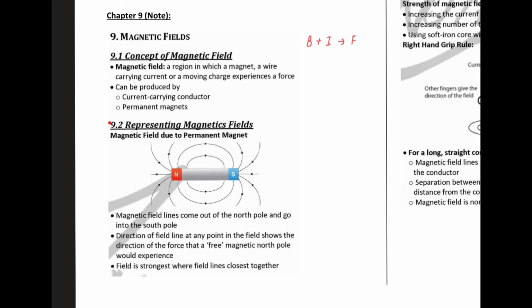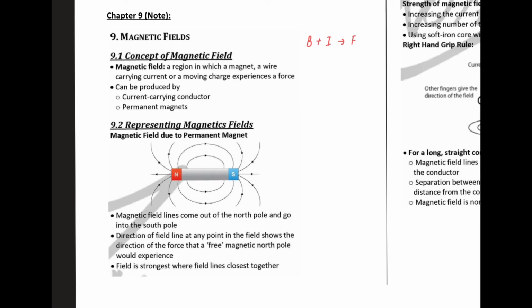Now 9.2, representing magnetic fields. Okay, so magnetic field due to permanent magnet. It looks like this. We have a north pole. For the permanent magnet, we have the south pole. North pole is where the magnetic force comes out, and south pole is where the magnetic force goes in.